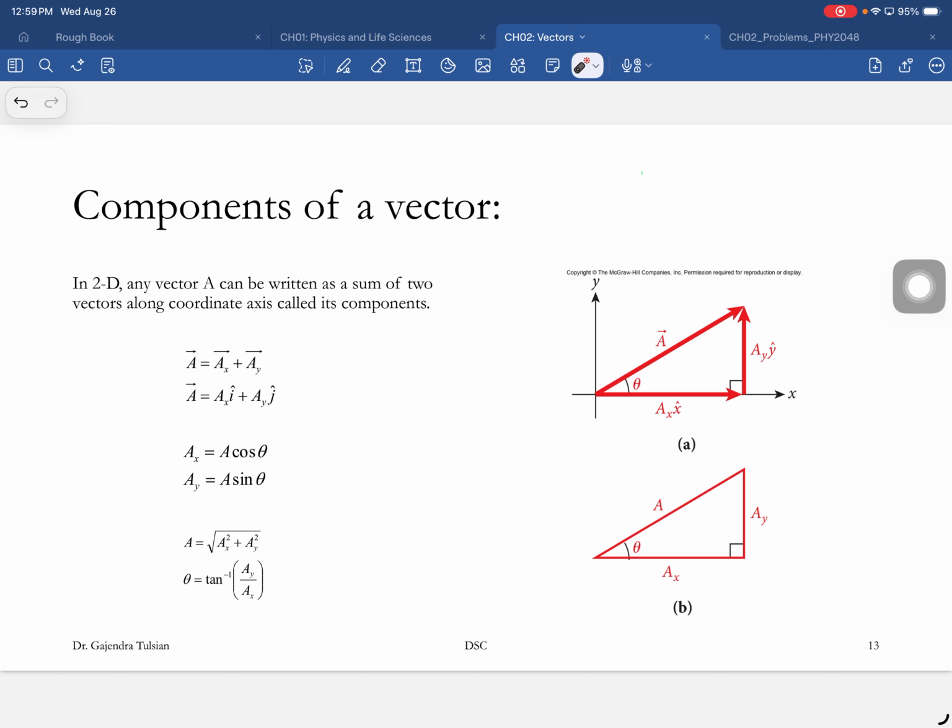So the magnitude and the angle. The convention is the angle is measured counterclockwise from the x-axis. So you can specify the vector by specifying these 2 numbers, or you could also specify the vector by giving these 2 numbers, Ax and Ay.